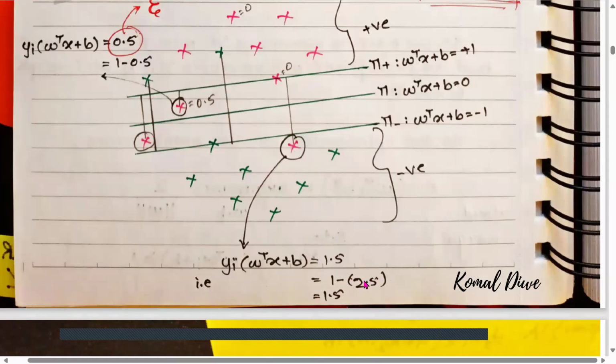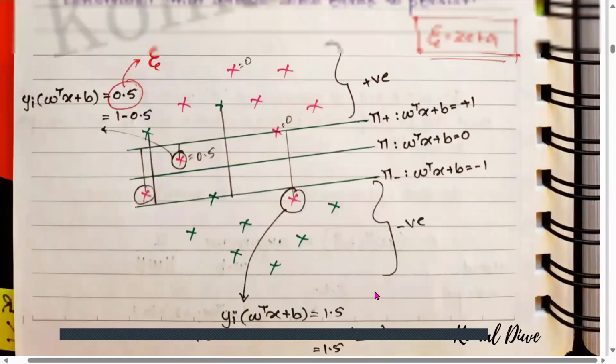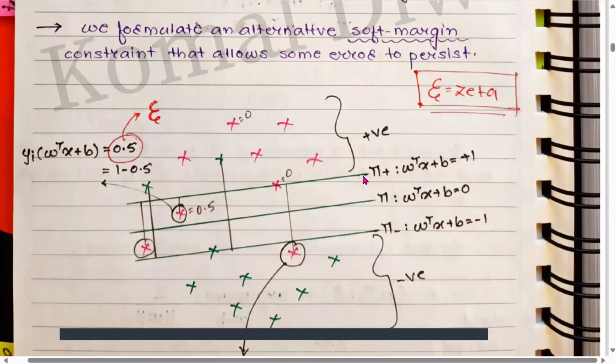This is the equation of this, and these are the line equations for the minus side and the positive side.